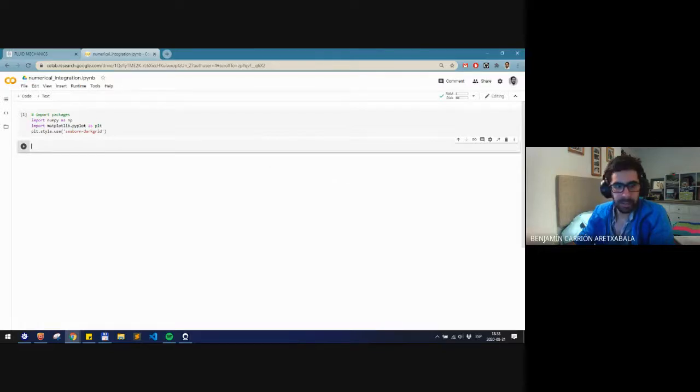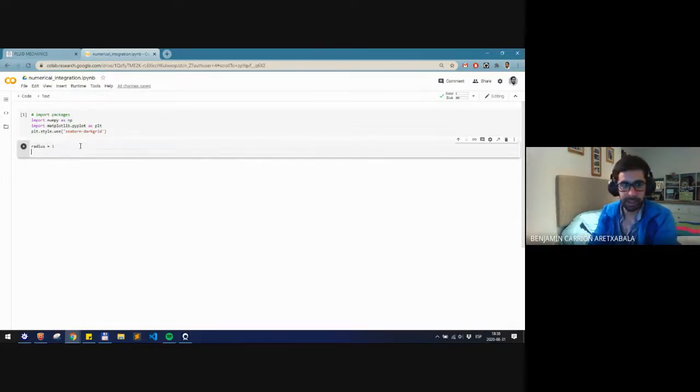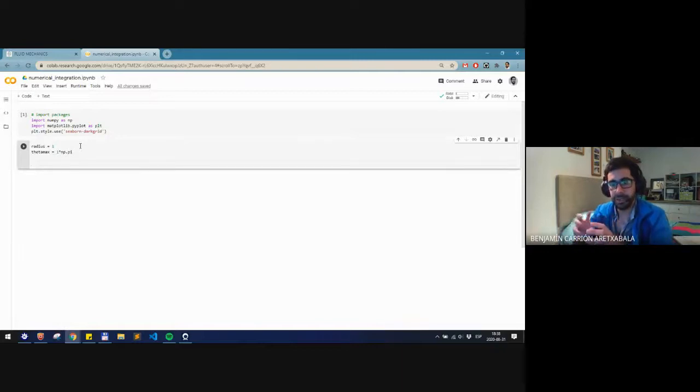Let's say you have a radius of 1 meter, and we're going to define half a circle. What we're going to do is split this area into small pieces.